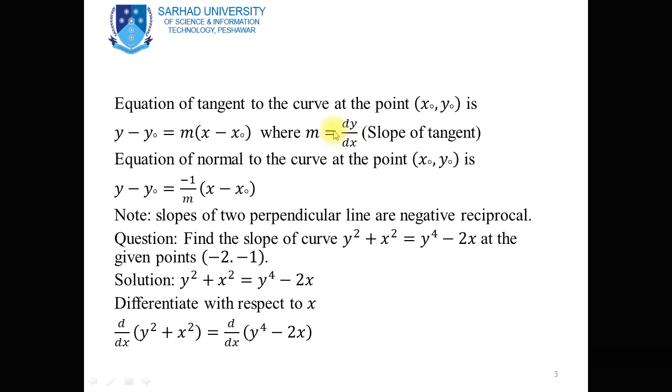First of all, find the derivative of the given function and then put the given point in the derivative. We will obtain the derivative of the given function at the given point, and this will be the slope of the tangent line to the given curve. When we find the derivative, put the given point in the derivative result.